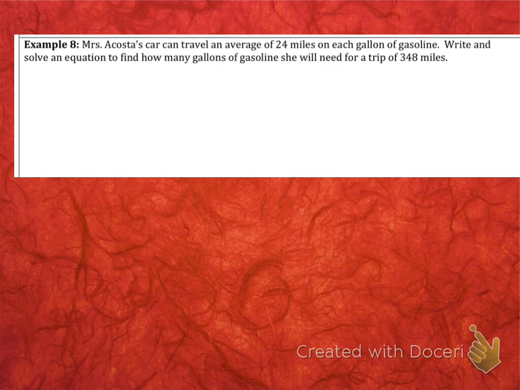For example 8, we're looking at Mrs. Acosta's car can travel an average of 24 miles on each gallon of gasoline. Write and solve an equation to find how many gallons of gasoline, that's our x, she will need for a trip of 348 miles. So we can get 24 miles per gallon.